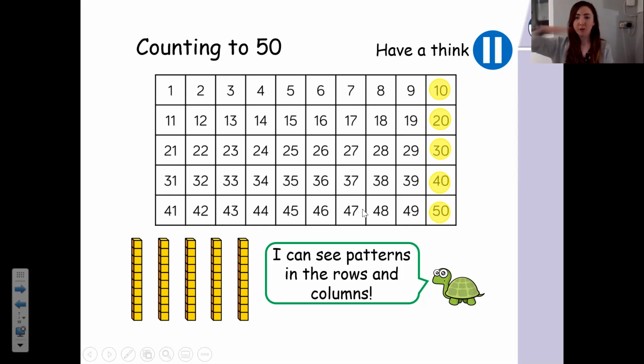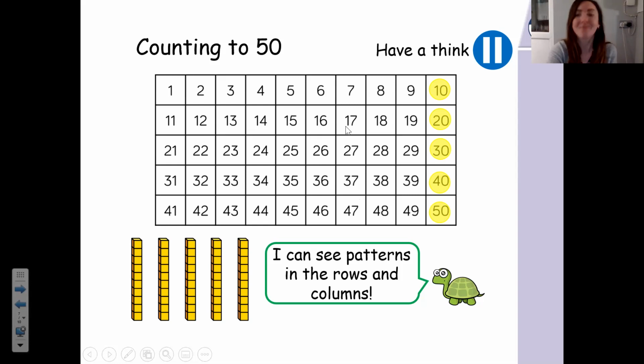Now, if we look at the rows going across, so if we look across this row to start us off with, can you see anything that stays the same? That's right, the tens stay the same. So we have 1 ten in 11, 1 ten in 12, 1 ten in 13, 1 ten in 14, 1 ten in 15, 1 ten in 16.